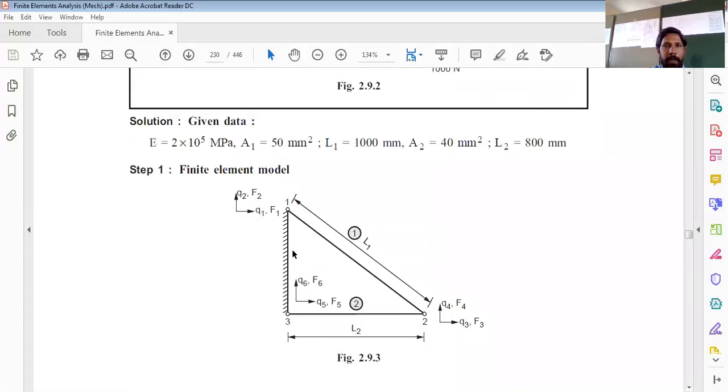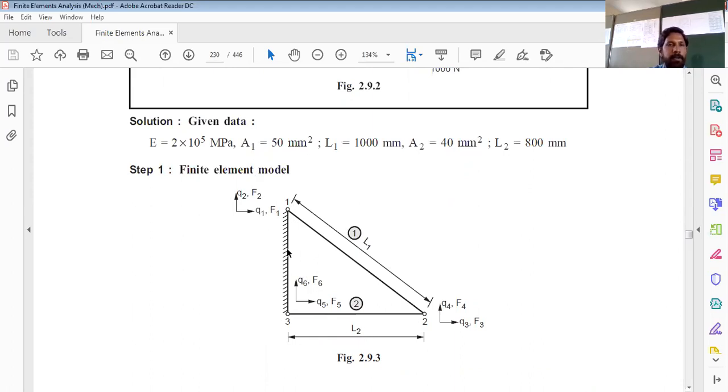We have to solve the problem in a similar way as the analysis of the bar. So similar to that, we will follow the same six steps. First is the finite element model or discretization of the given problem, where you have to represent the number of nodes, their degrees of freedom, their displacements, and whatever forces are acting at that particular element.